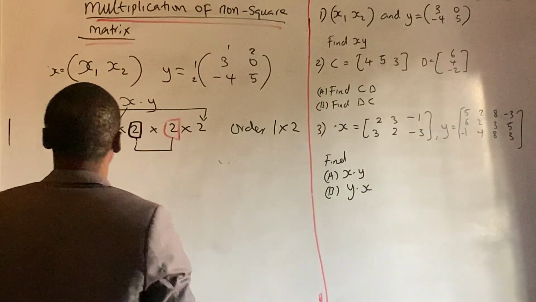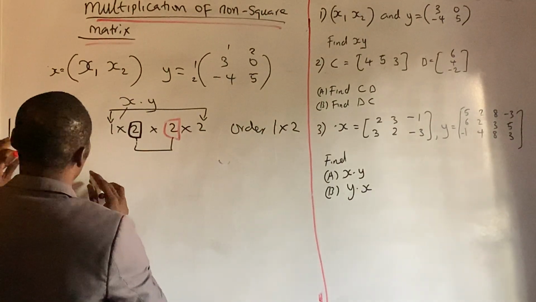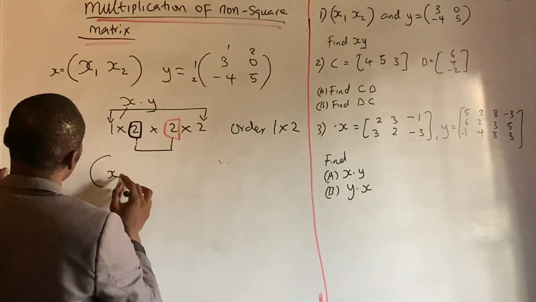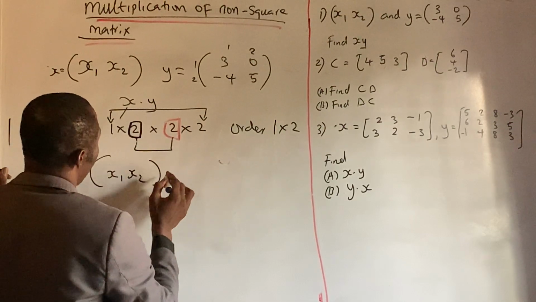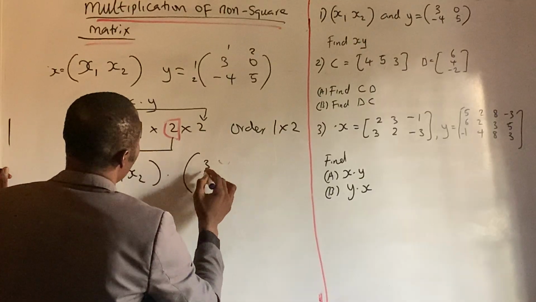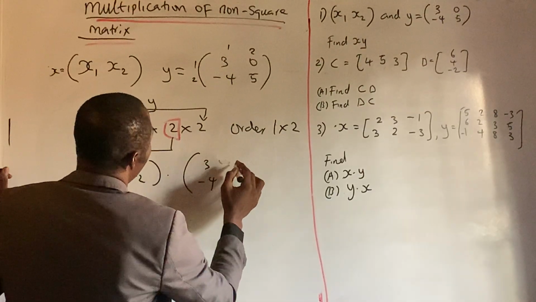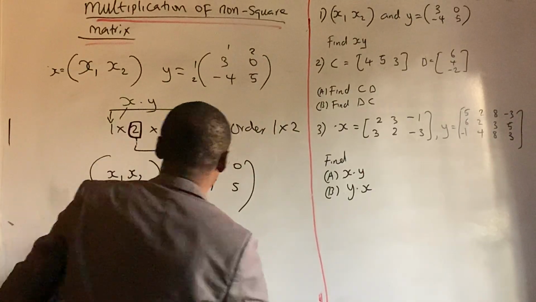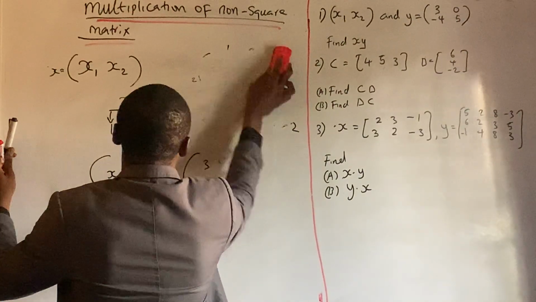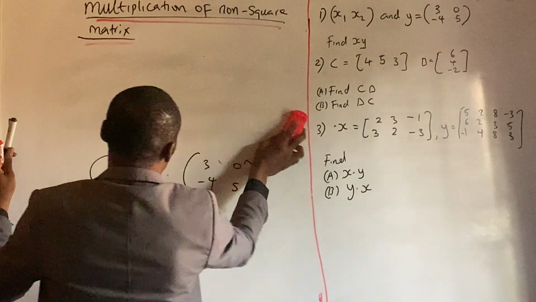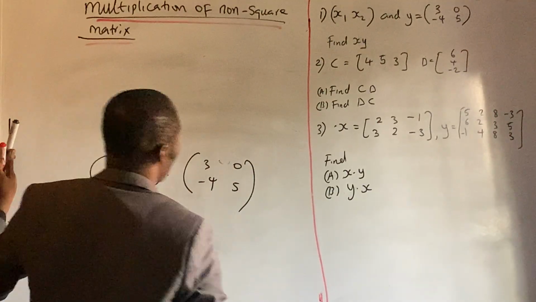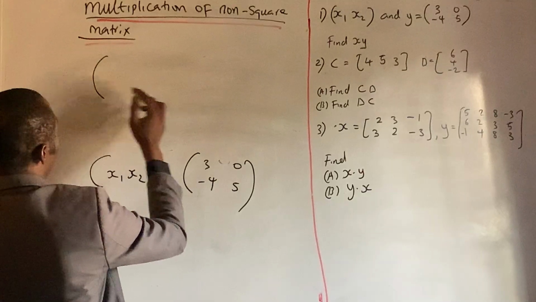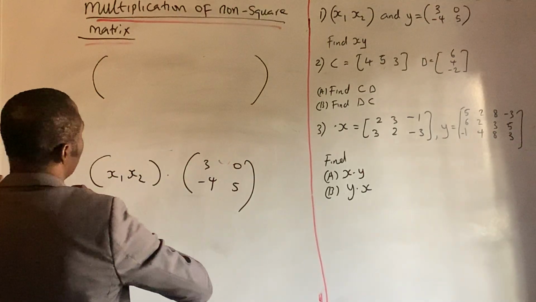Can we solve now? So let's solve. Let me put it down here: x1, x2, and that of 3, minus 4, and 0, and then 5. I'll need a space for myself now. Since we know that the result is 1 by 2, let's make a space for 1 by 2.